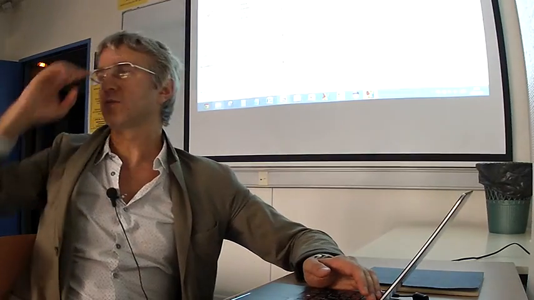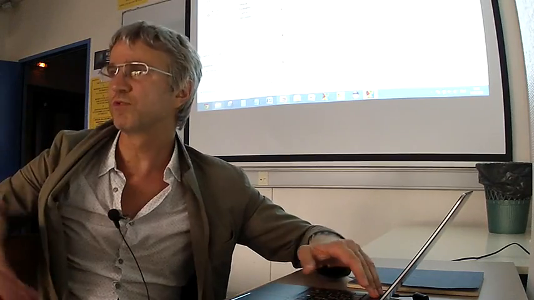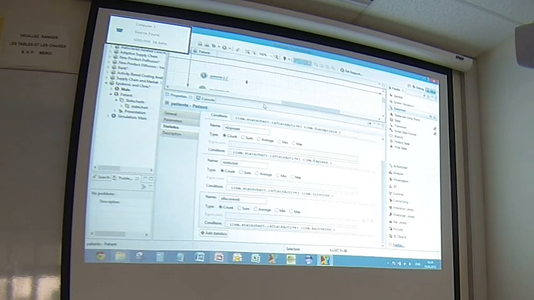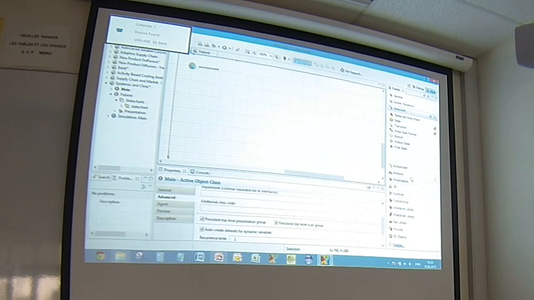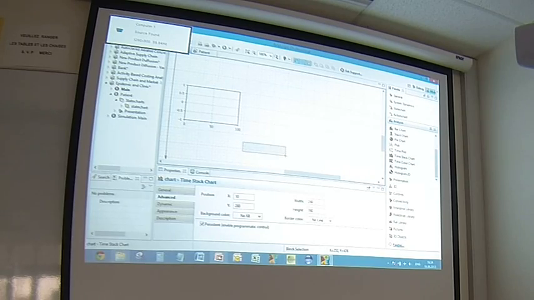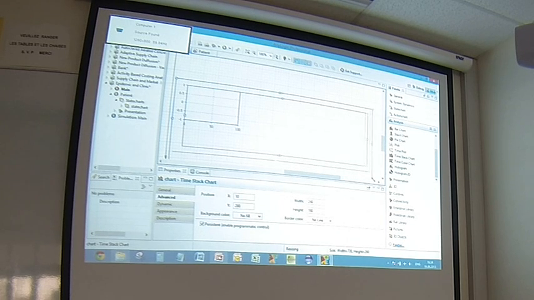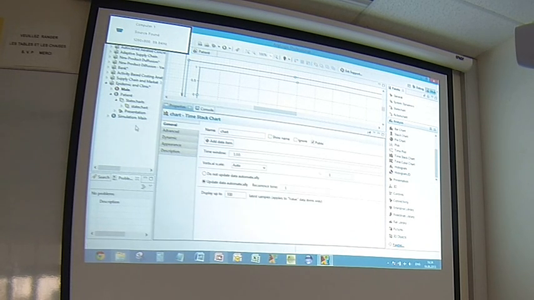It is inevitable that in agent-based models you need to periodically loop through the agents to collect statistics on them, because this is clearly an individual-based model. And I'll use a time stack chart to display what goes on.